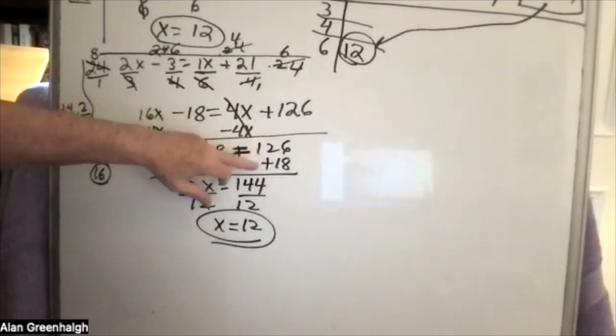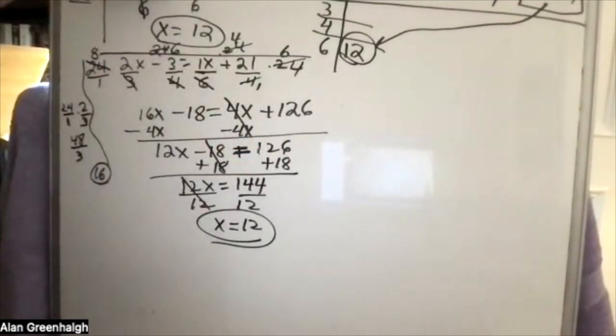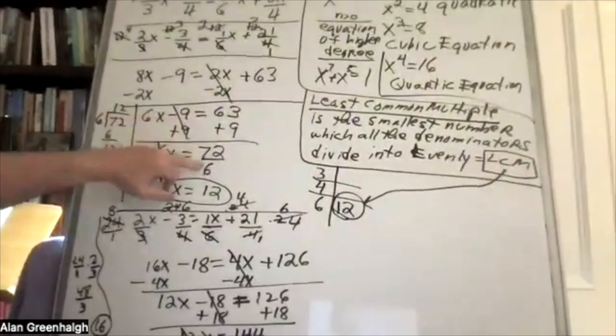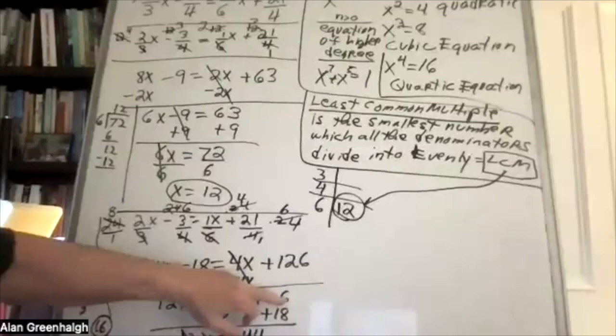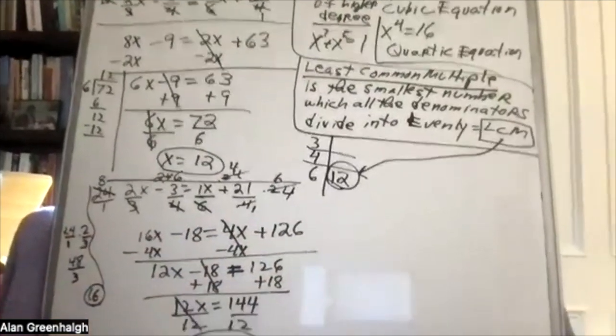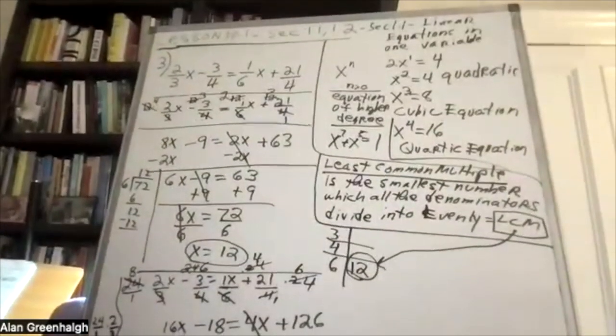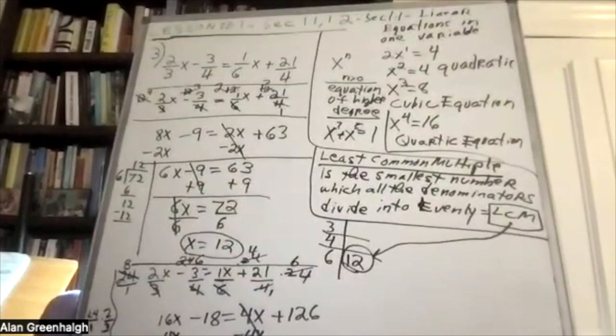I had to stop for a minute and add these two. I know that 63 plus 9 is going to be 72, but 126 and 18 took me a couple of seconds to do. But I would suggest the easiest method, which is the way I did it originally. But thank you for the question.